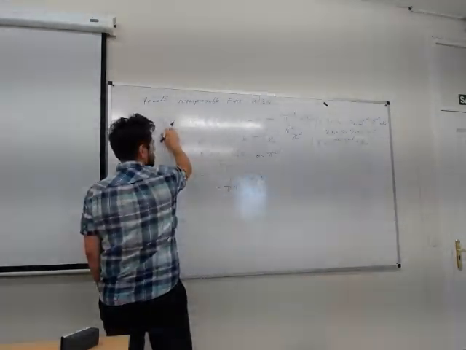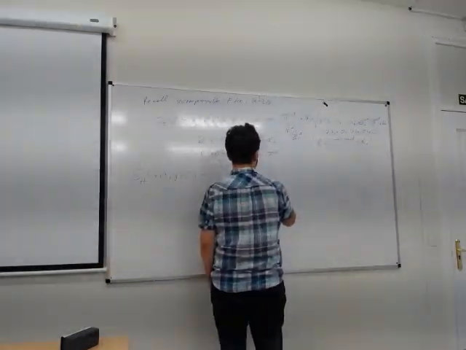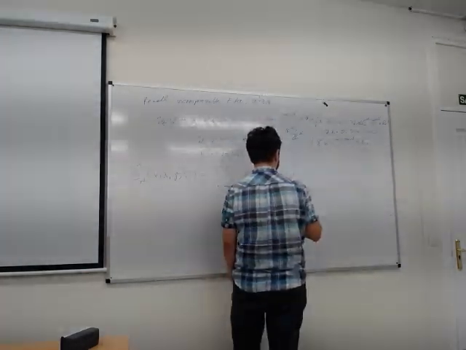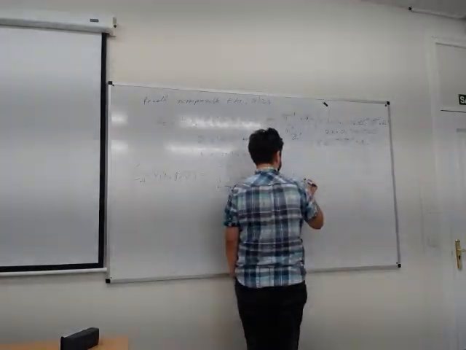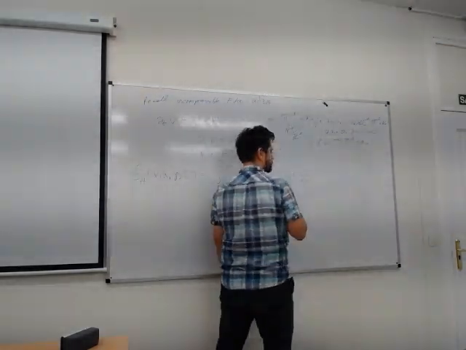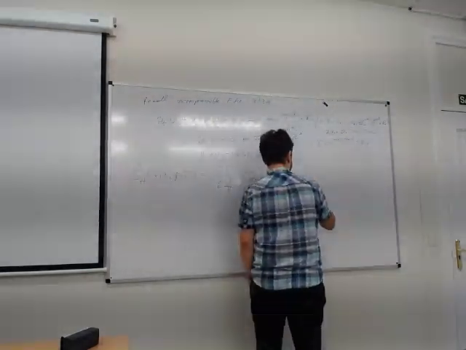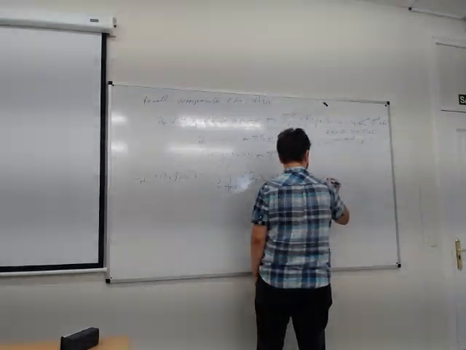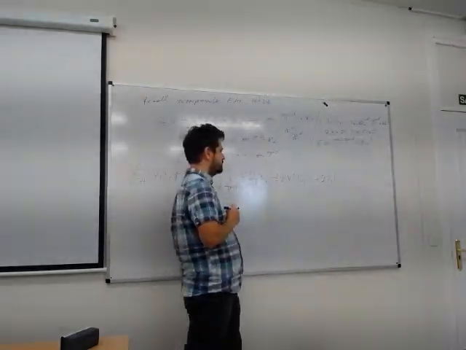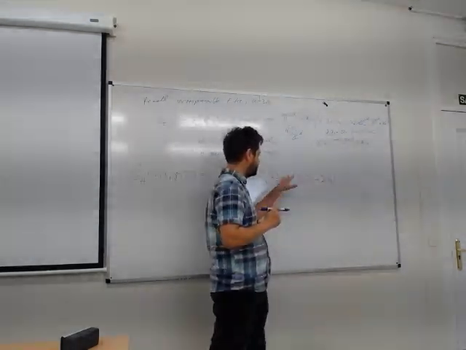I'm multiplying this and I'm integrating by parts in time here, and then I have v_i v_j, and I should get this. Because these are dummy indices, I can switch i and j and I get the same thing.